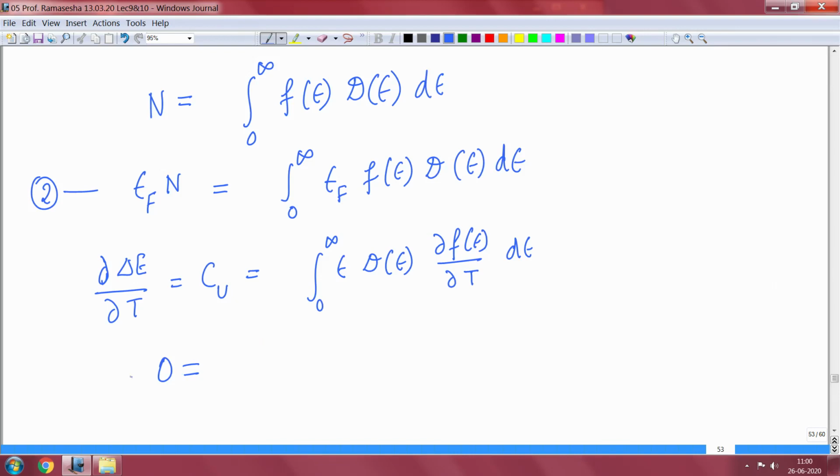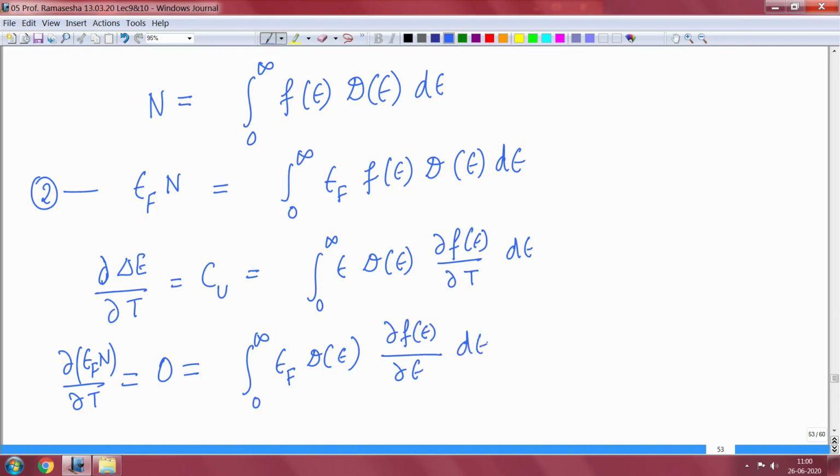So that gives 0 equal to d(epsilon_F N) by dT, which is equal to the integral from 0 to infinity of epsilon_F D of E del f by del T dE. Now, if I subtract 0 from CV, it remains the same.